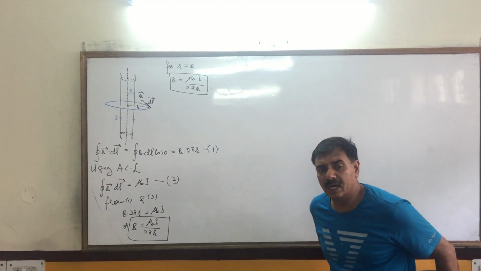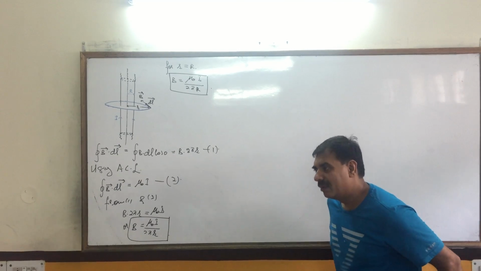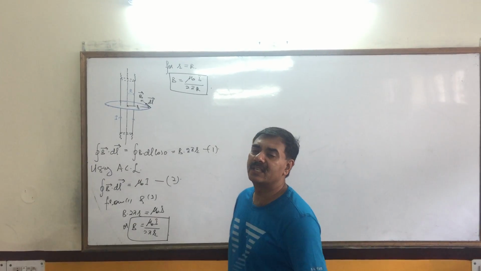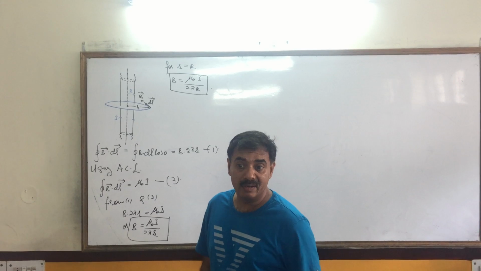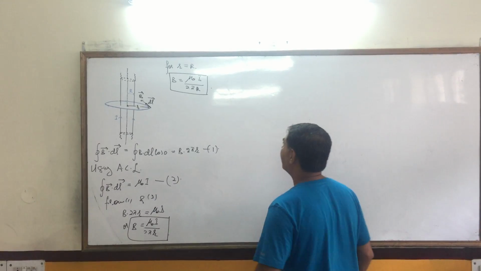What is the obvious answer? 0. Because a closed path of radius r less than R will not thread any current.